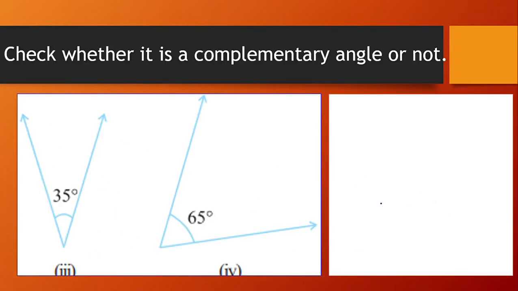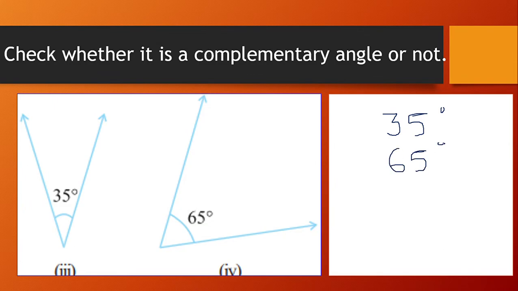Now students, one more question arises. Check whether it is a complementary angle or not. How are you going to check it? You know that complementary angles have a sum of 90 degree, so you just have to add both angles. So let's add both the angles. We have 35 degree and 65 degree.